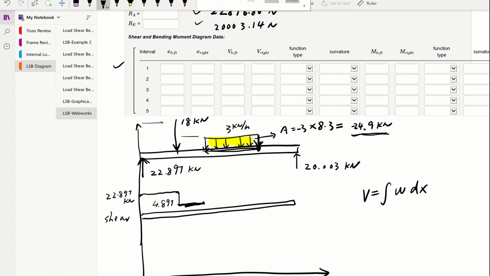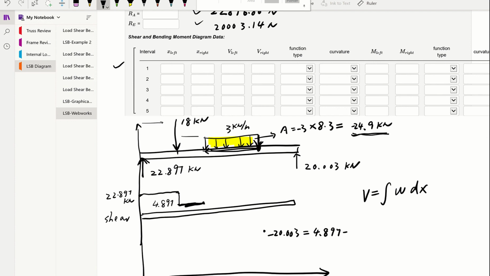So have your calculator ready. I have 4.897 minus 24.9. That will give me negative 20.003, so we'll be around here. Again, I'm showing how we get this number. We start from 4.897.